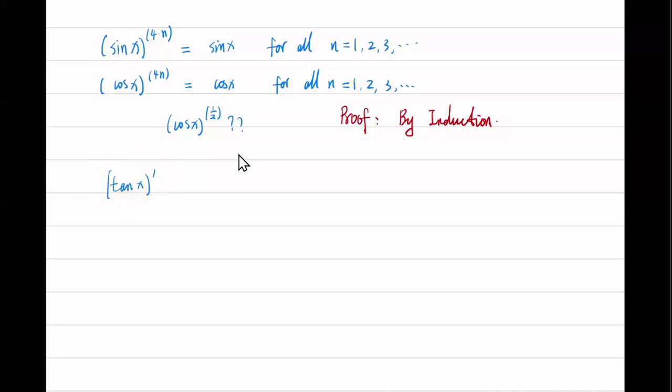Derivative of sine x over cosine x. Okay, that's a very good approach because tangent is defined as the quotient. Sine x, cosine x. It's the quotient, we have the quotient rule. The quotient rule, let me copy. Maybe g squared.